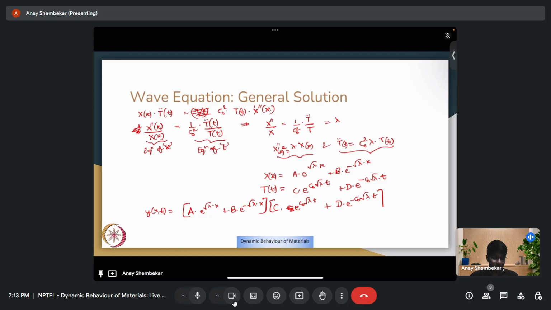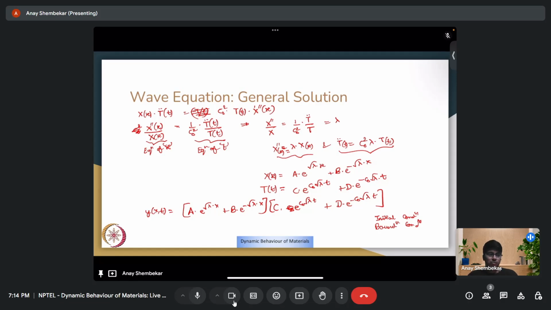So you could write a general expression of this, and then to find the exact solutions, you will require both initial conditions and boundary conditions. Just substitute them and then you can evaluate the particular values of constants A, B, C, and D.